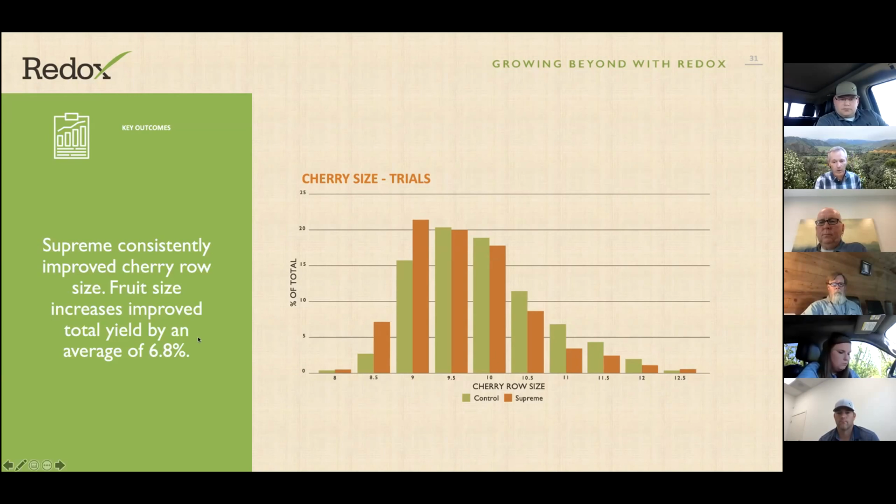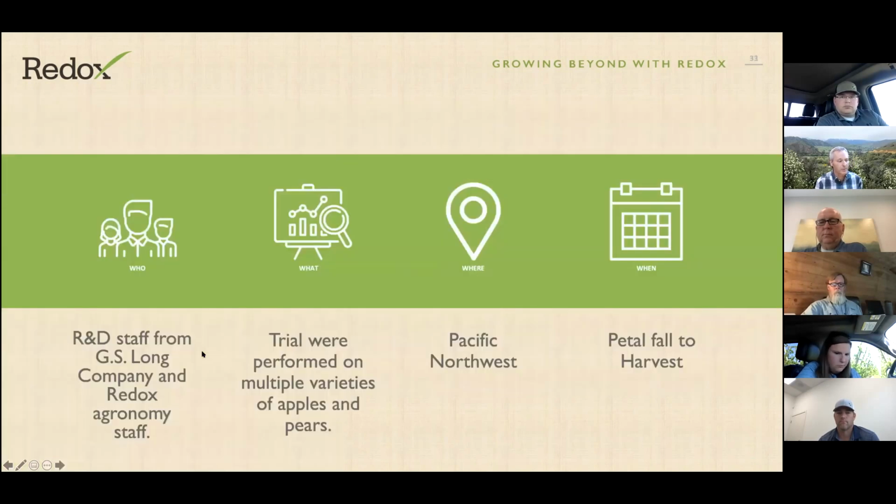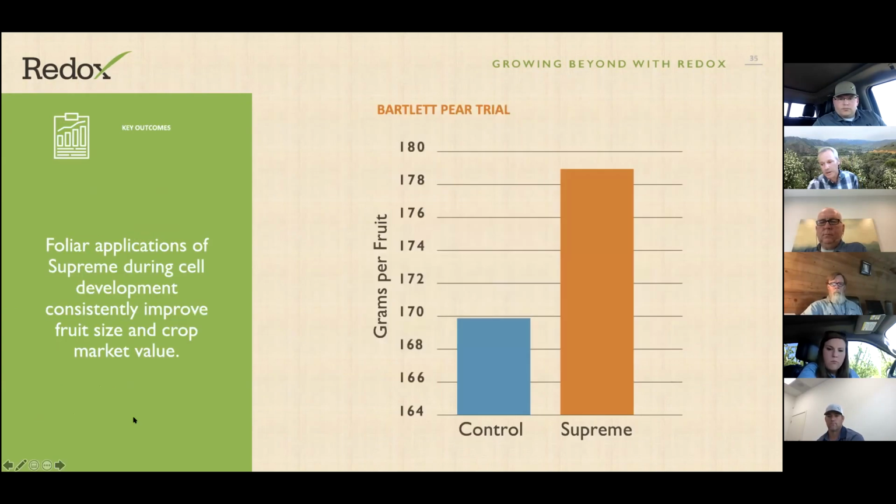Moving on to pome fruit, replicated trials done by G.S. Long and the Redox agronomy staff up here in the Pacific Northwest on multiple apple varieties and pears. And outcomes, again, these were similar. So 2 pounds of Supreme at petal fall, and again 14 days later. Bartlett pears, we saw an increase in fruit size by 6%.